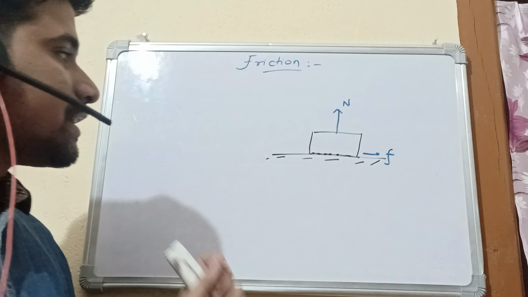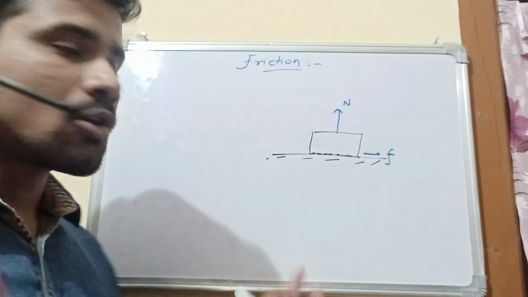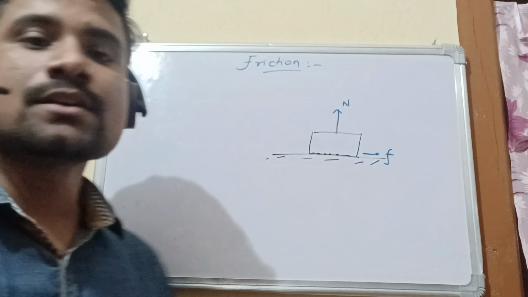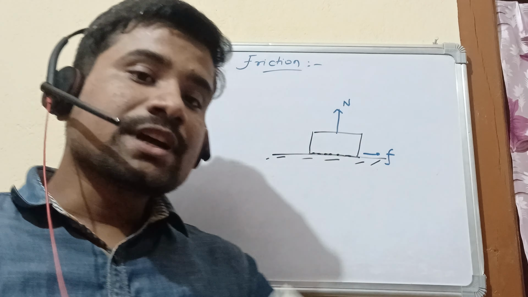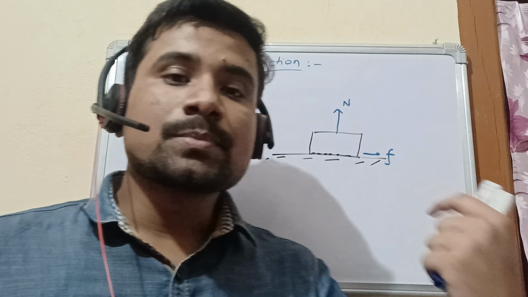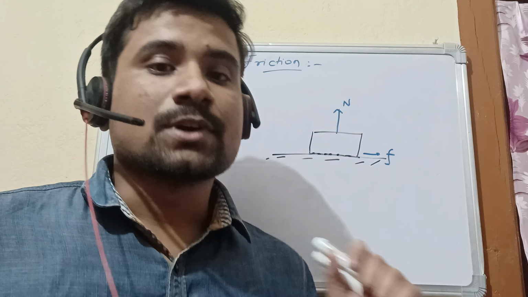But as of now, let's understand that whenever there is a contact between two surfaces, there exists an opposing force called force of friction, whose direction is in the direction to oppose the tendency of motion of that object, right?